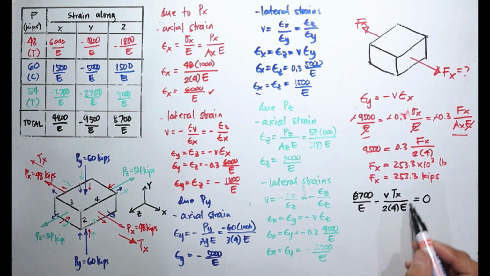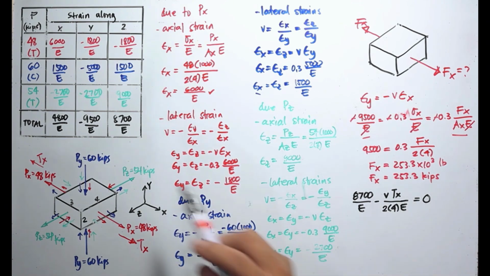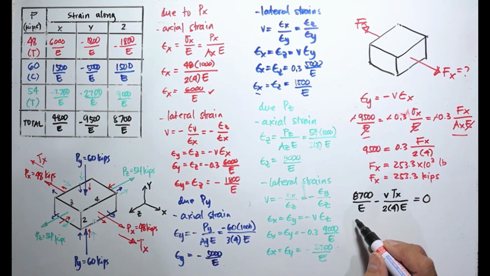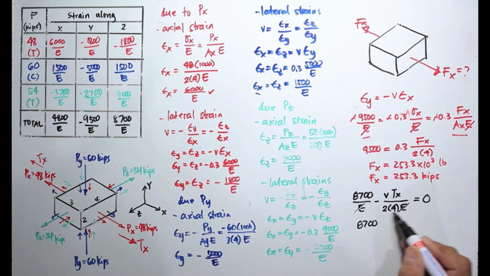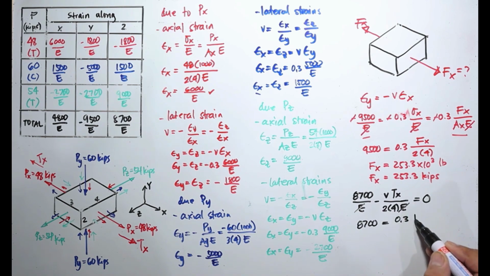So this lateral strain due to this additional force will cancel the strain along Z. We can cancel E and then bring the second term to the right side, and Poisson's ratio is 0.3.